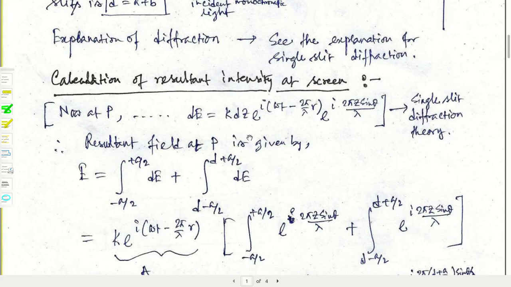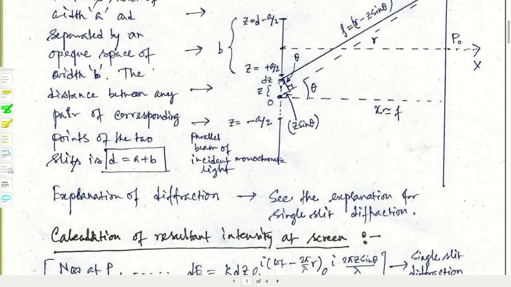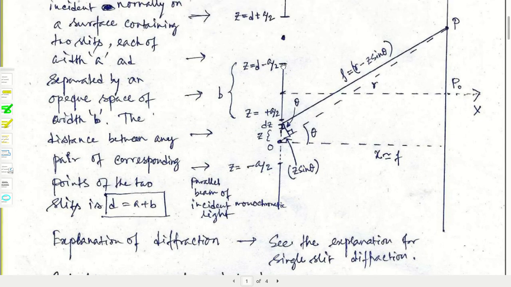Now we are going to integrate to find the resultant intensity or resultant field first at the point P, because the lights are coming from this slit and then there is a discontinuity and then this slit.